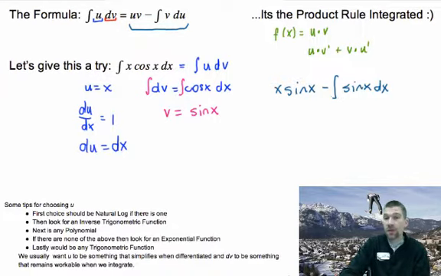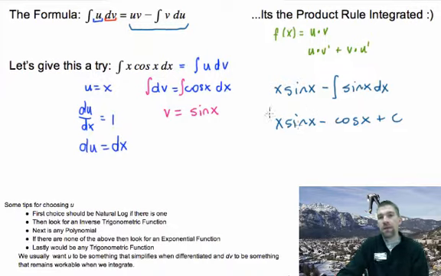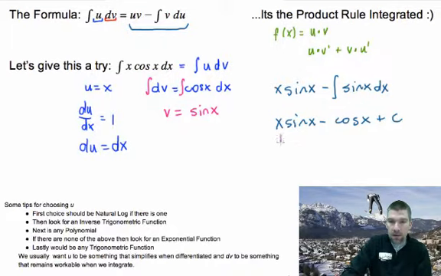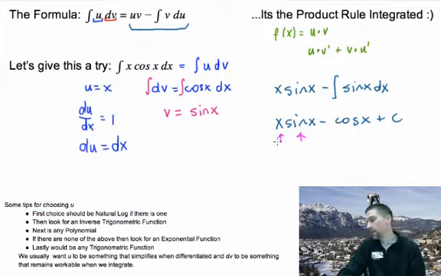All right, one more step here because I can actually now integrate sine x. And so that's going to give me x sine x minus cosine x plus c, because now we're at the very end of our integration. We've got to add that constant of integration. And if you'll notice, if I take the derivative of that, I would have to do the product rule because I have one function times another.